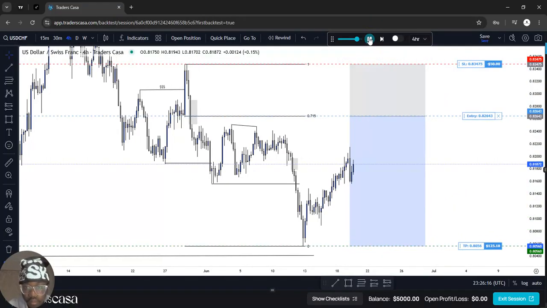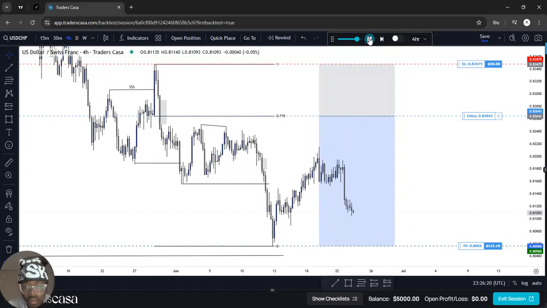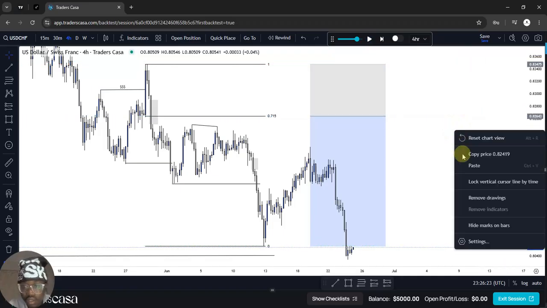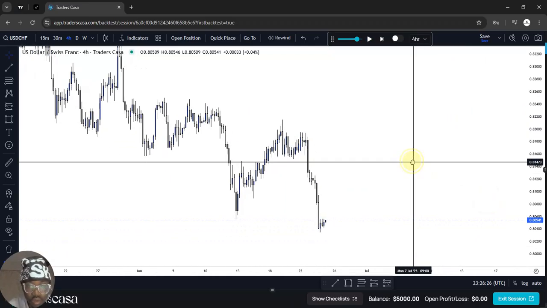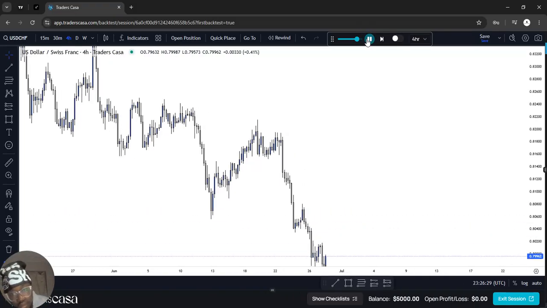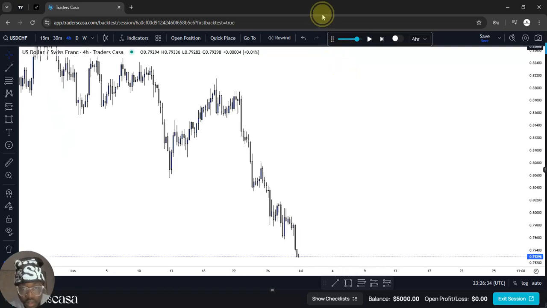Let's see. If it misses, it misses, and then it's gonna continue to the downside. So which means here we have to look for a new setup then. If it's like this, missed two setups by the way, mind you.